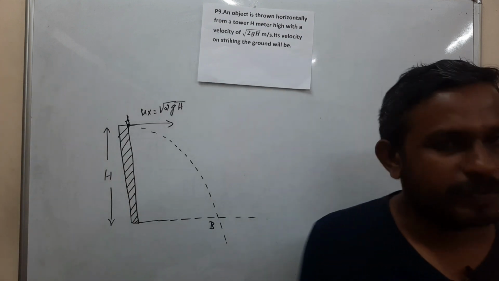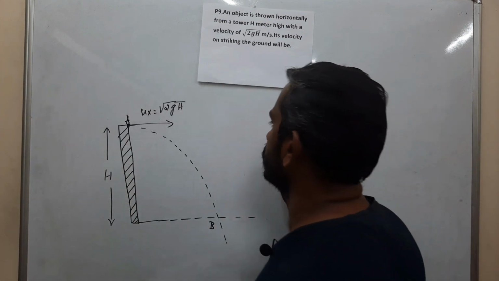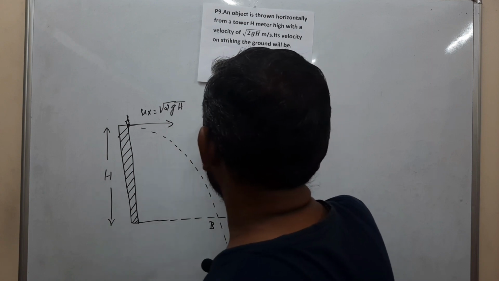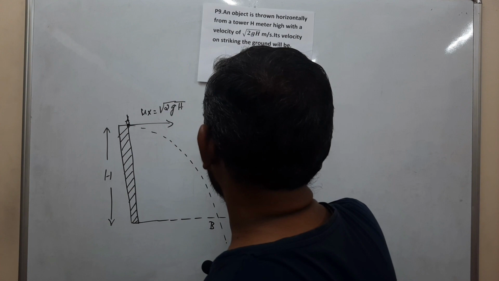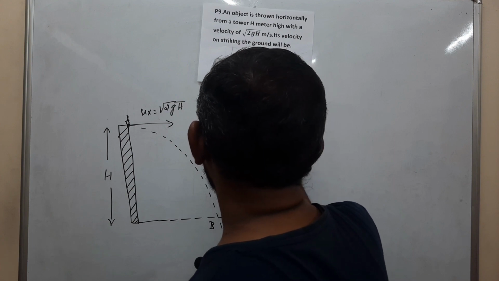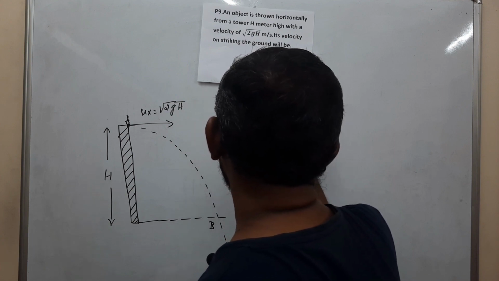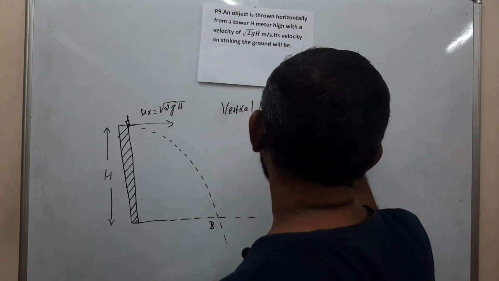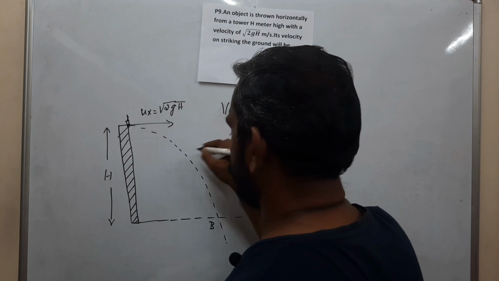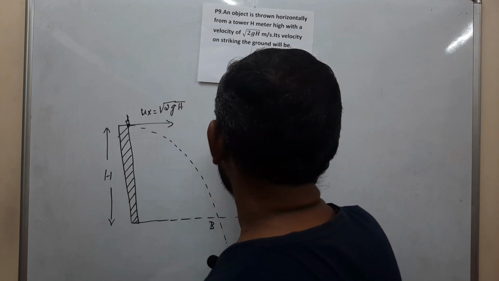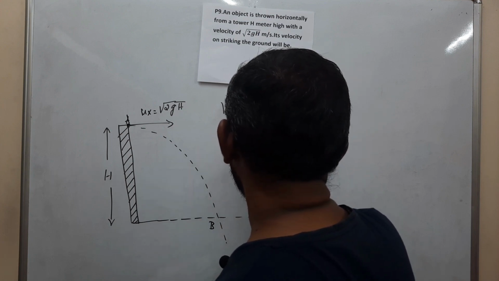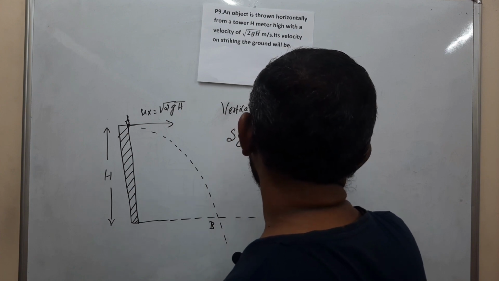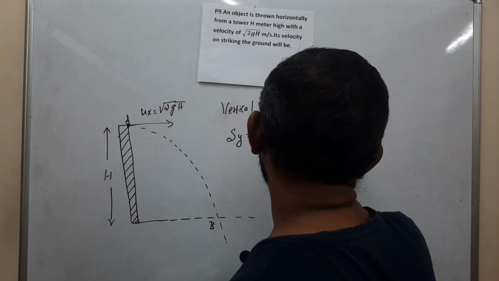First we have to find the time of flight. So I am writing the equation for the vertical motion from A to B. So we can write Sy is equal to uy t plus half ay t square.